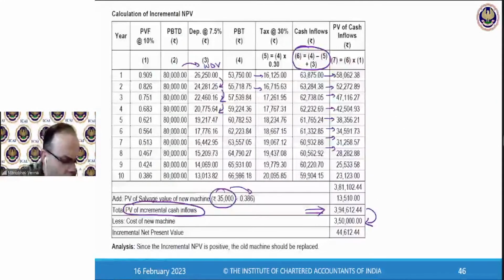Dinesh says, why is depreciation not added back after tax? Dinesh, can you double check? I think it should have been added: 53,750 minus 16,125 plus 26,250. It's added, Dinesh. Can you check the formula at the top? Column 6 is equal to 4 minus 5 plus 3, and the third column is depreciation.